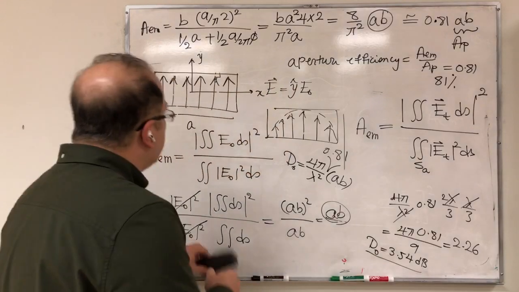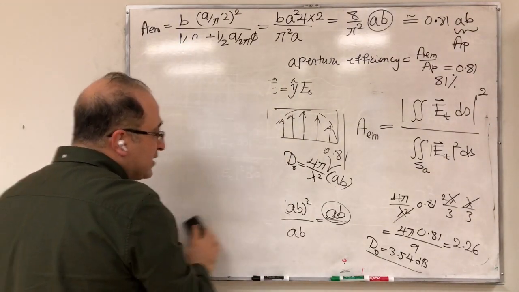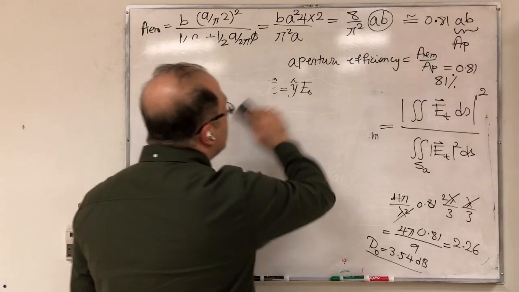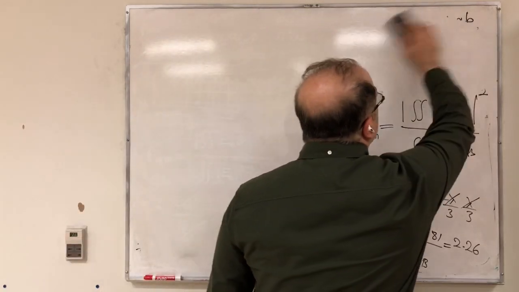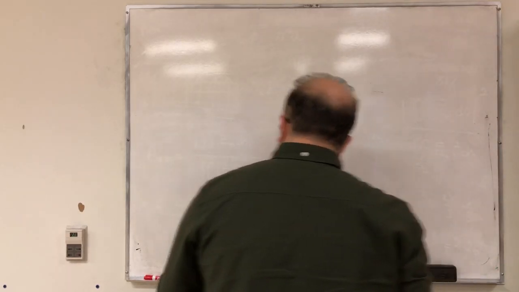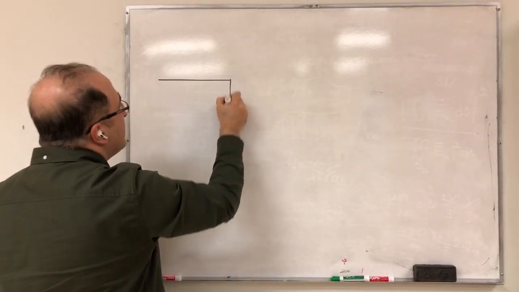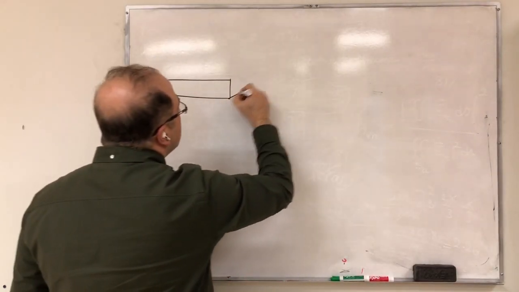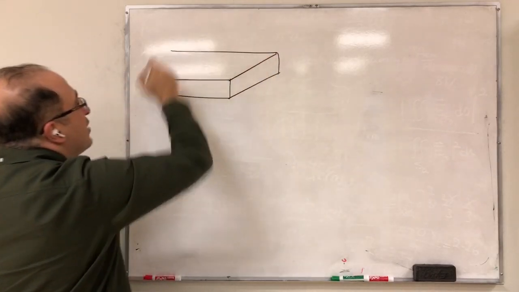Now, to start our discussion regarding horn antenna, let's classify horn antenna into three categories, and then we're going to be focusing on one of them in this course. Imagine this is your open-ended waveguide, or sorry, this is just the waveguide.